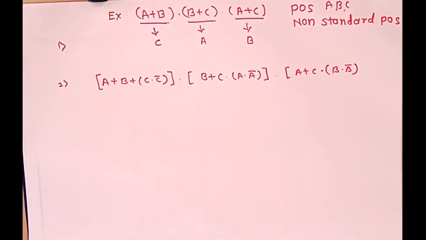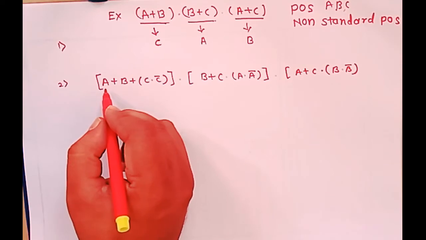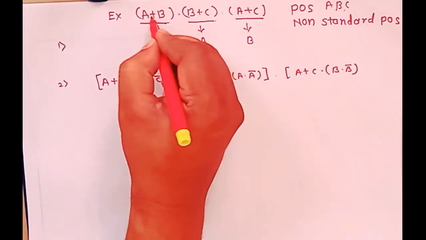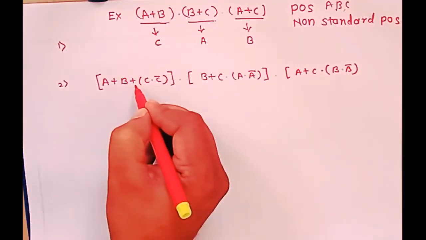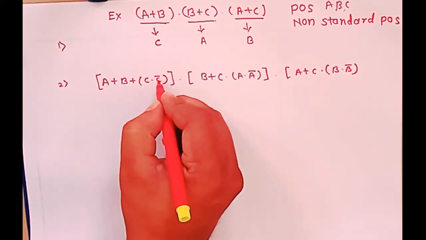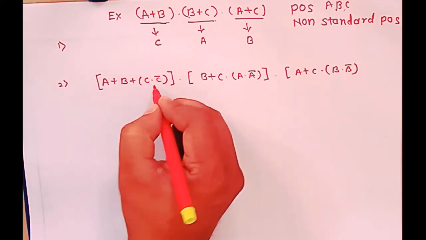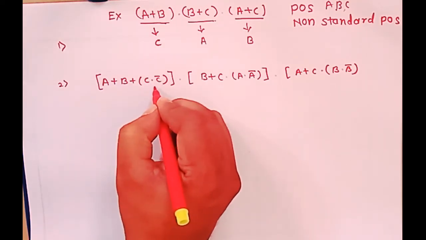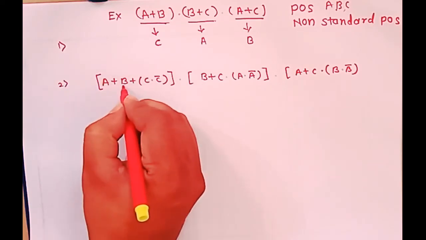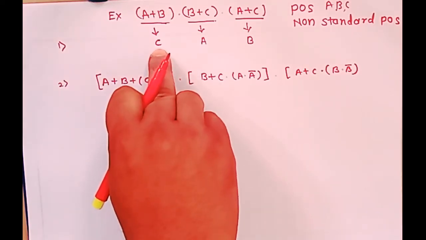As per the second step, we have added to the sum terms a plus b the term formed by multiplication of the missing literal, meaning c into c bar. Here the missing literal is c and its complement is c bar.